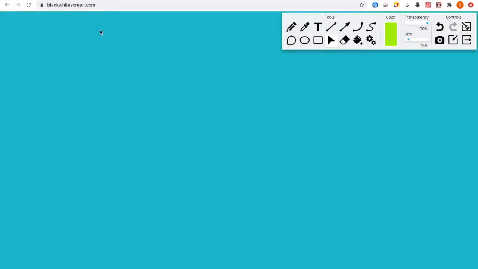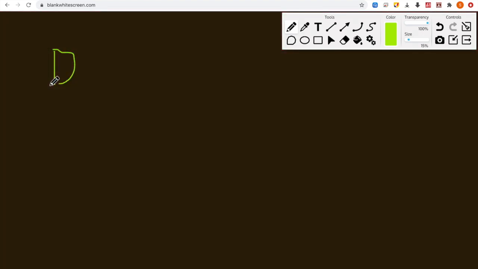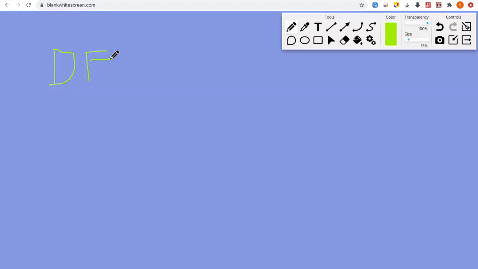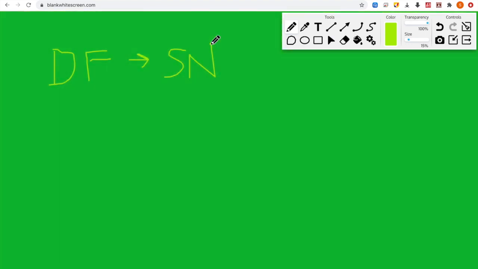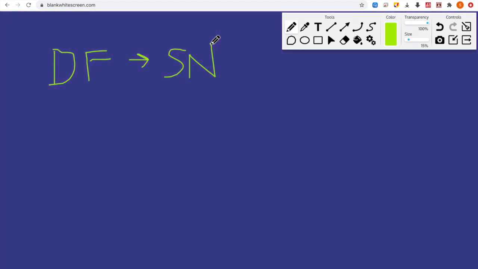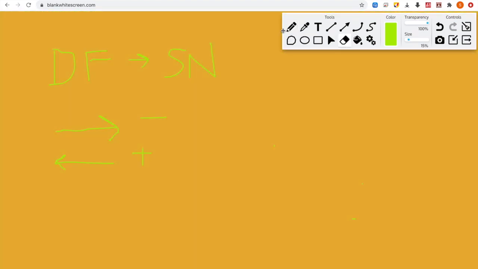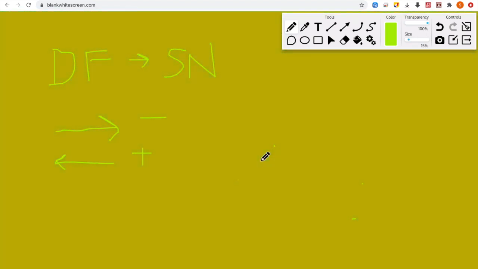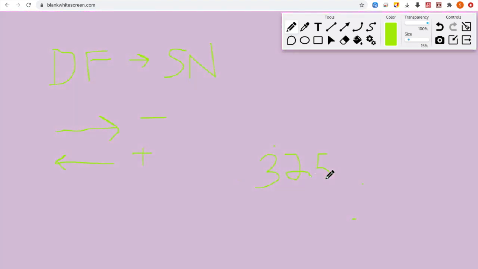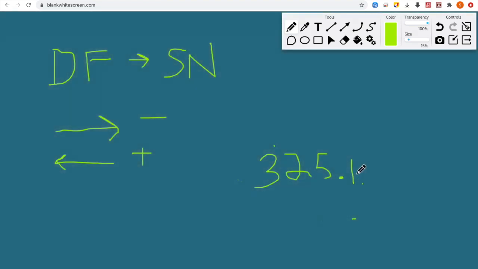So next we're going to talk about what if we already have it in decimal form, and we're going to turn it into scientific notation. Now all we're going to do is switch the rules. Now let's do another example where we're starting in decimal form, and let's say we have 325.12.